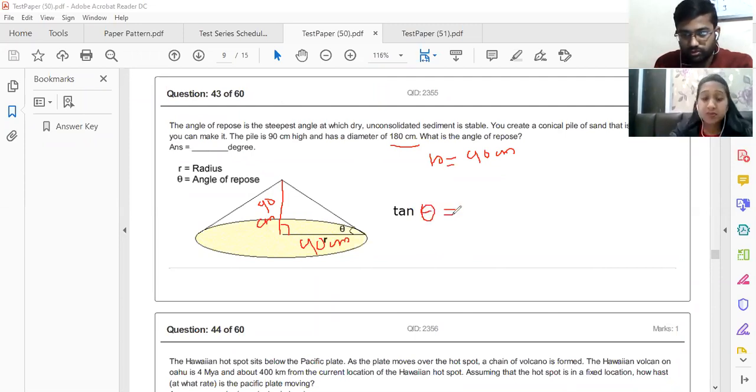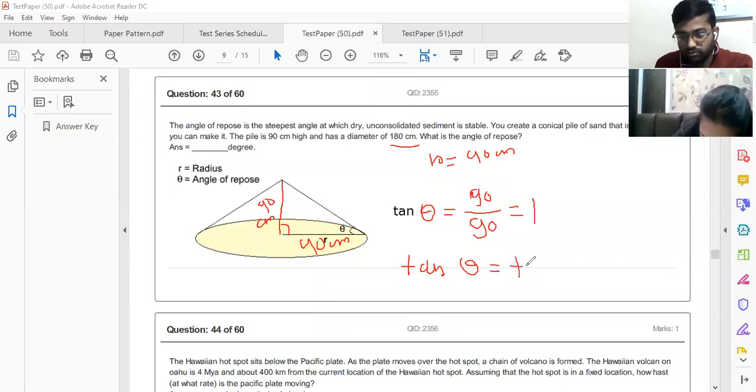Tan theta is equal to perpendicular upon base. So 90 centimeters divided by 90 centimeters, we'll get 1. And tan of which angle has the value 1? 45 degrees. So tan theta is equal to tan 45.